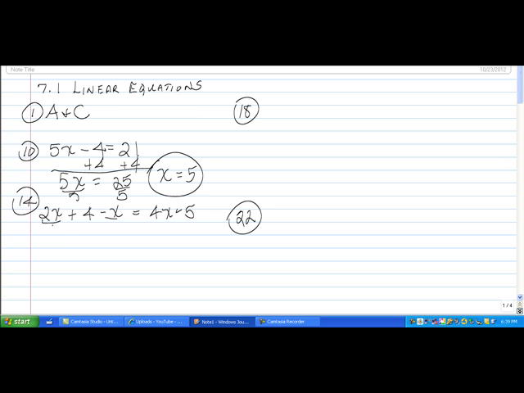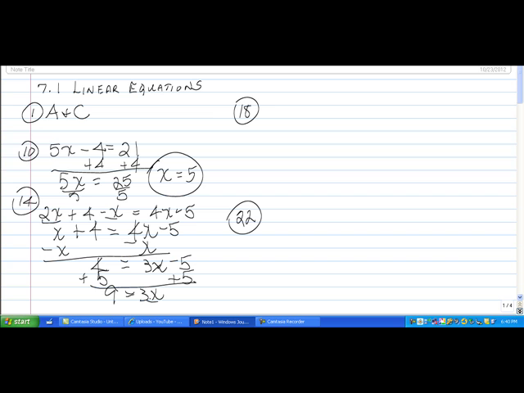So 2x minus x is x. And now get our x's on the same side. So I'm going to subtract x from both sides. That leaves me with 4 equals 3x minus 5. Get the constant terms together. So I'm going to add 5. 9 equals 3x, divide by 3, and x equals 3.